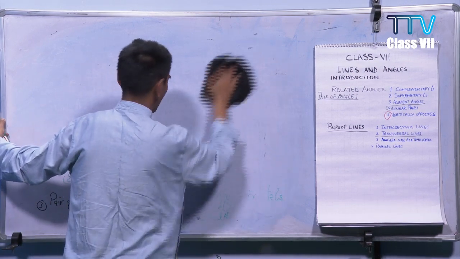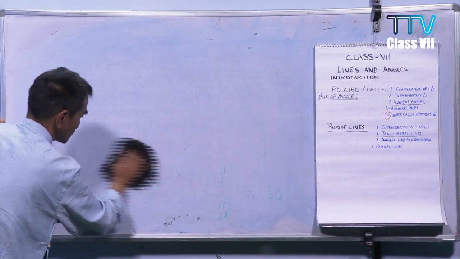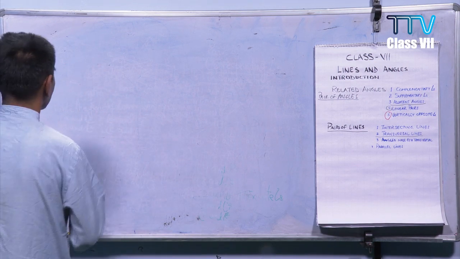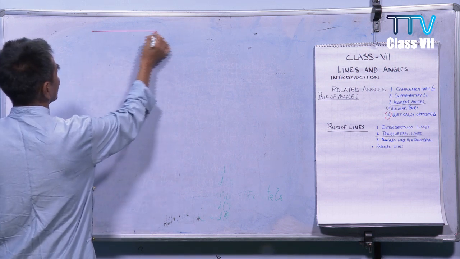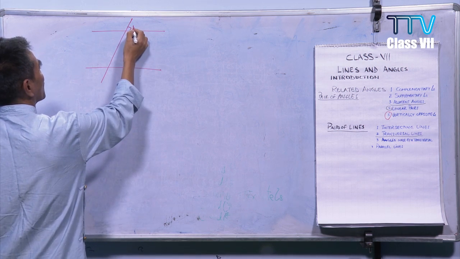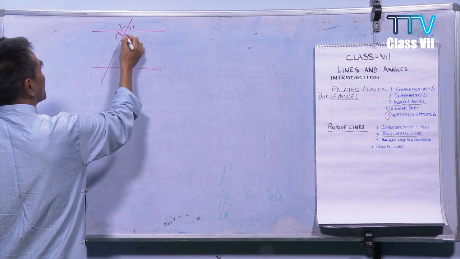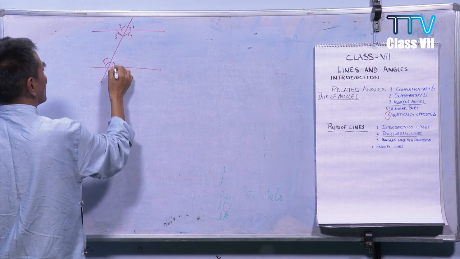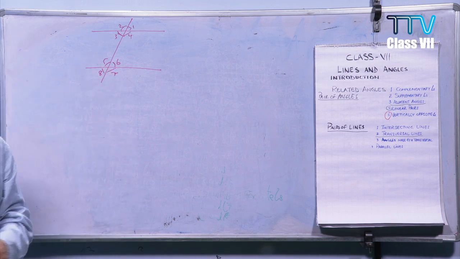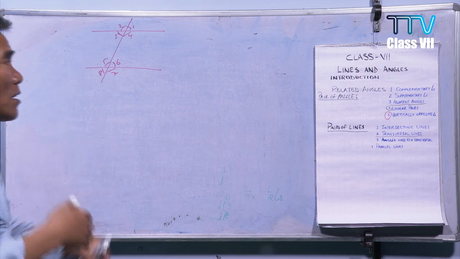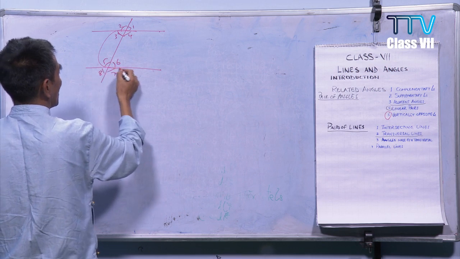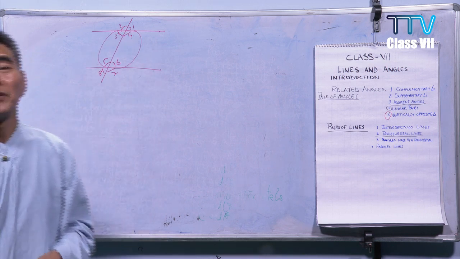Now the interior angles. The angles are numbered 1 to 8, and the lines are parallel. These 4 angles are called interior angles.